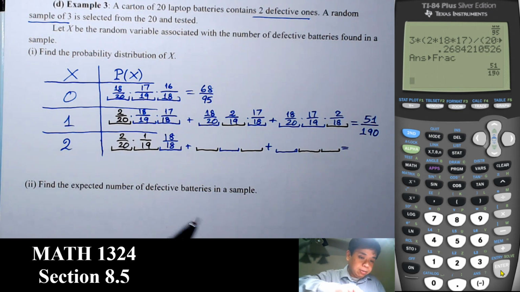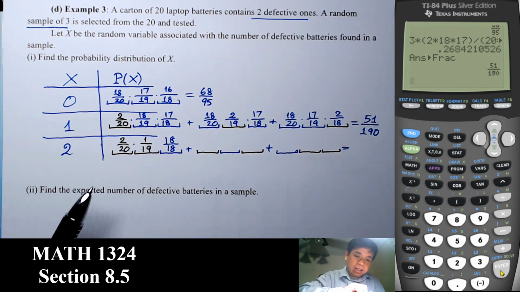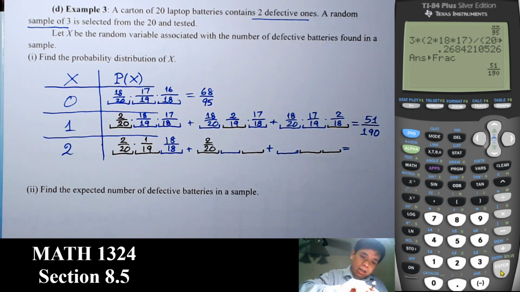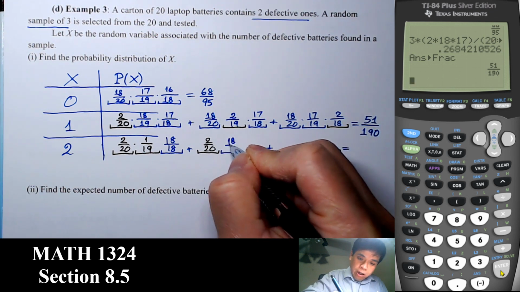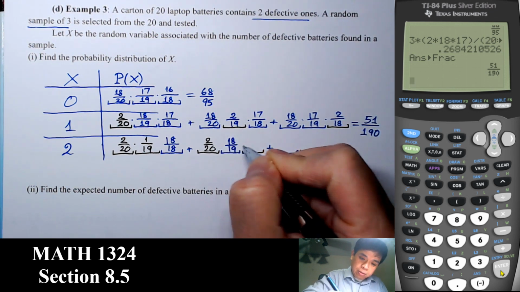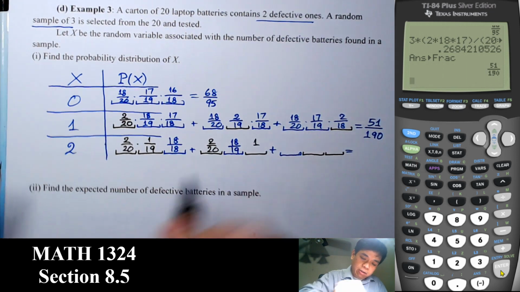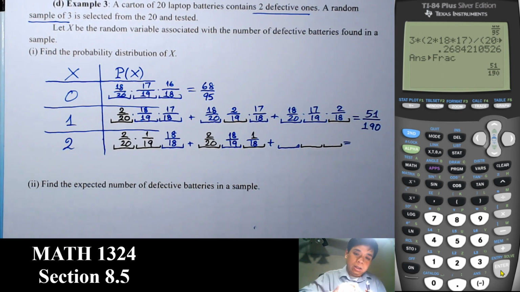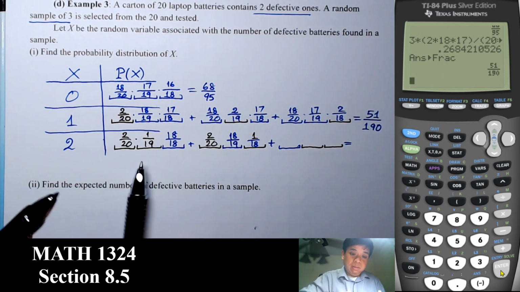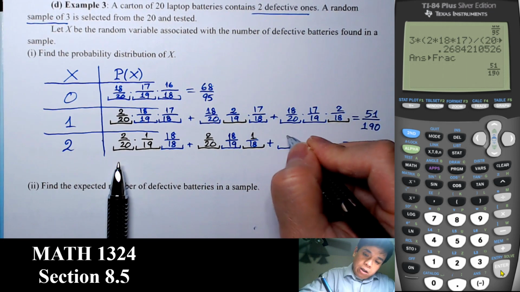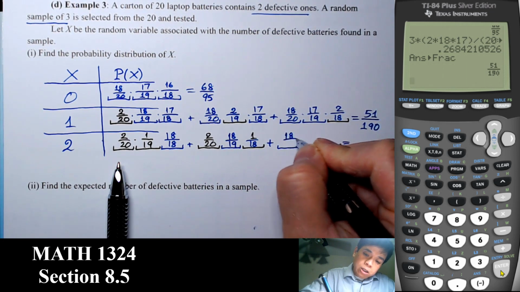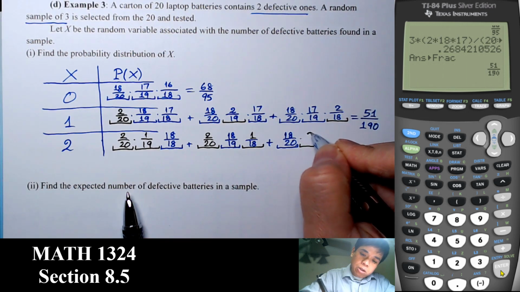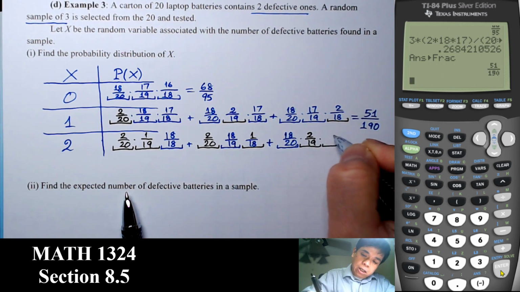Right. Next, there are 2 out of 20. And there are 18 good ones out of 19. And there's 1 defective out of 18. As you see, all 3 are the same again. 18 of them that are good out of 20. And then defective we have 2 out of 19 and 1 out of 18.